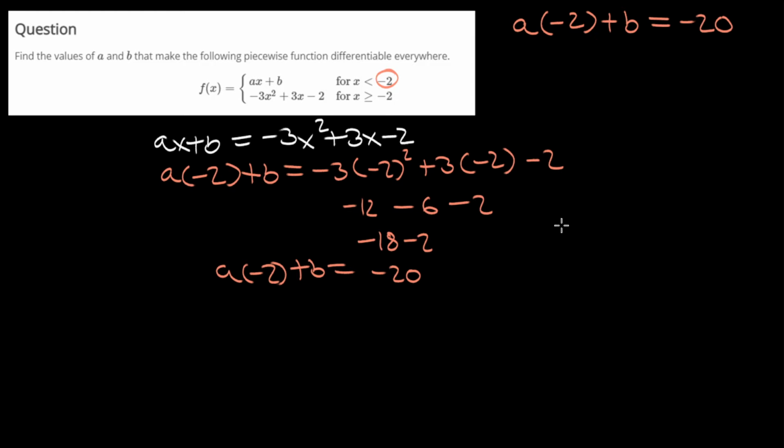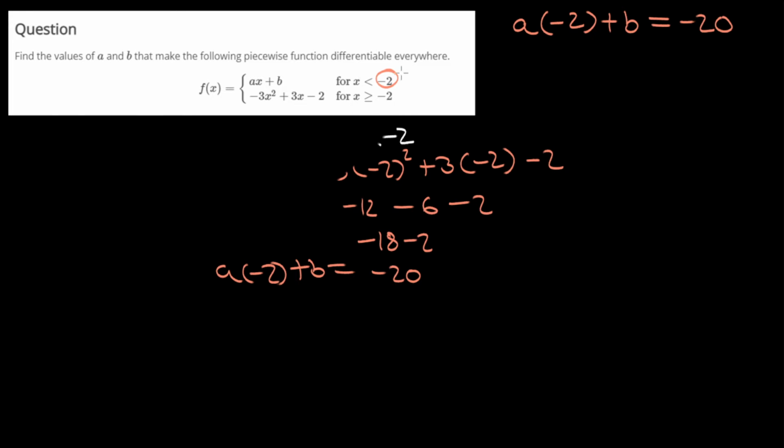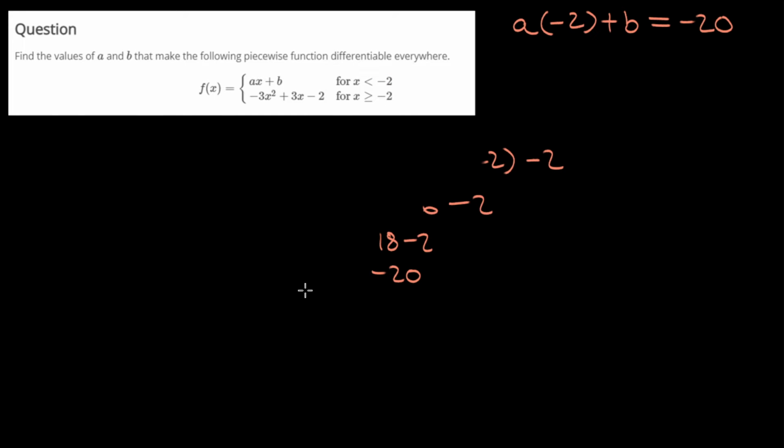Now, we still need to find a and b, because without at least one of these, it's practically impossible to solve this. So we could erase this right here, and we have to set the derivative of each of these functions equal to each other.